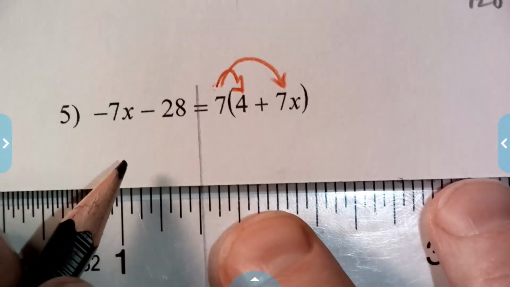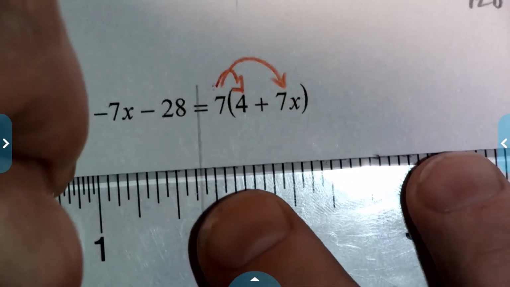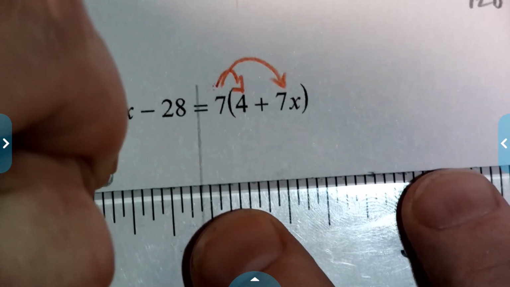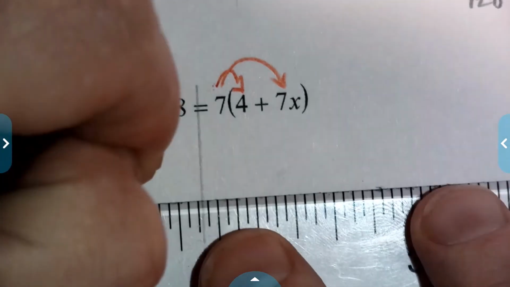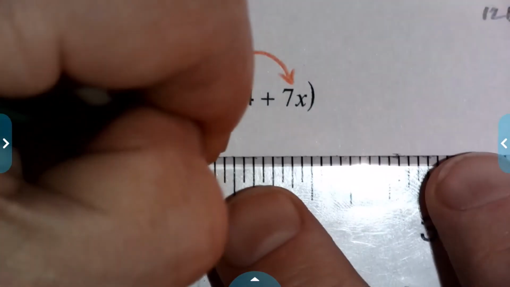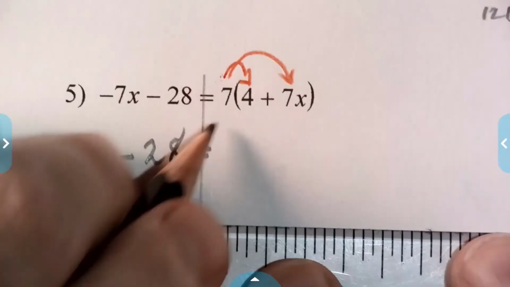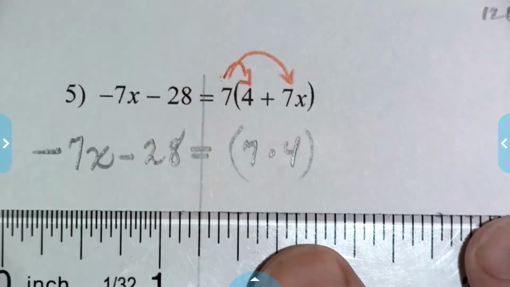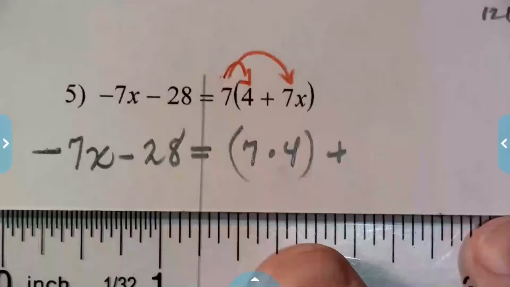Okay, so the left side we're not going to touch. Just going to make it a little bit bigger. Negative 7x minus 28 equals 7 times 4, plus 7 times 7x.